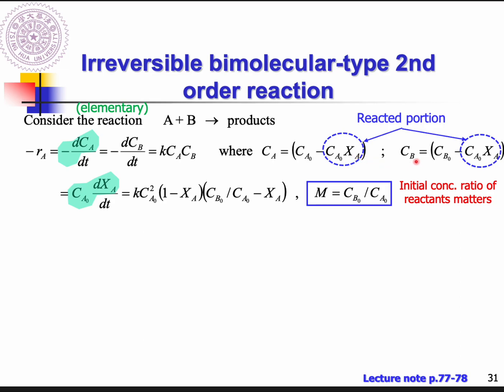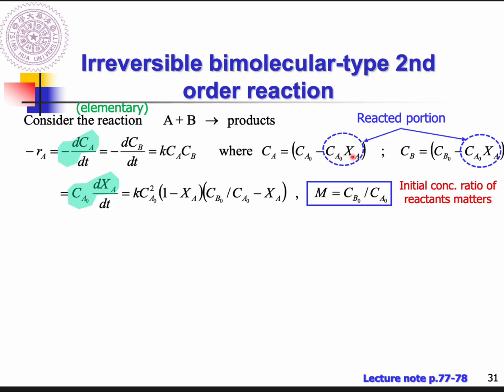And when you write down CB, it is also CB0 before the reaction happens. So the concentration of reactant B we call CB0. And we subtract this portion because when you consume 1 mole of A, it reacts with 1 mole of B, right?